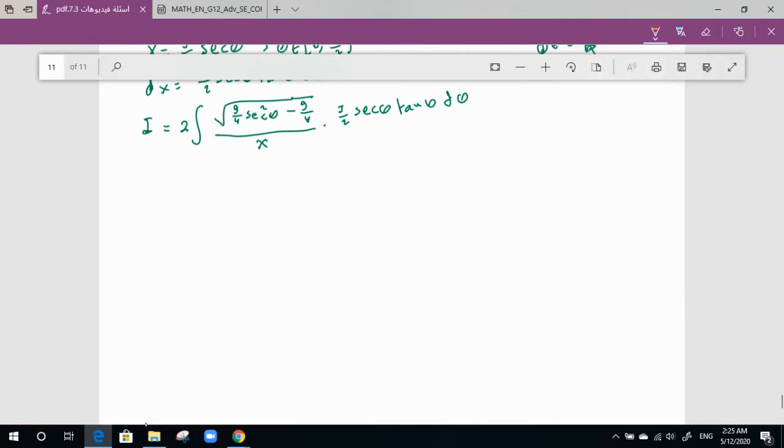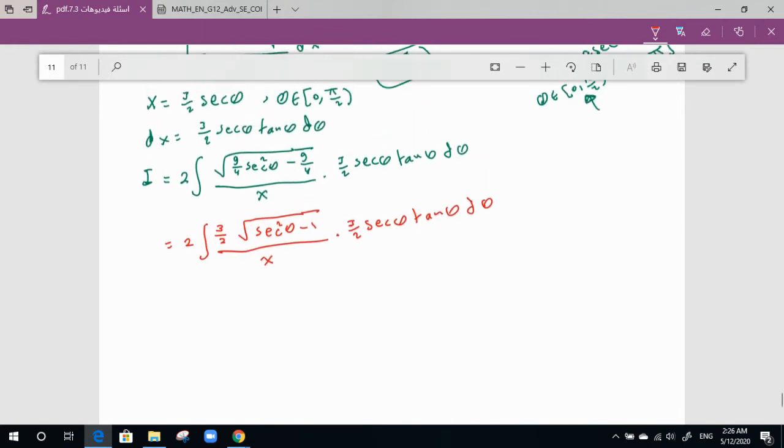Now, 2 is out of the integral. The 9 over 4 inside the radical, I will take it outside as a common factor. So radical 9 over 4 is 3 over 2. After that, secant squared theta minus 1 stays inside the radical. Here I'm missing something.